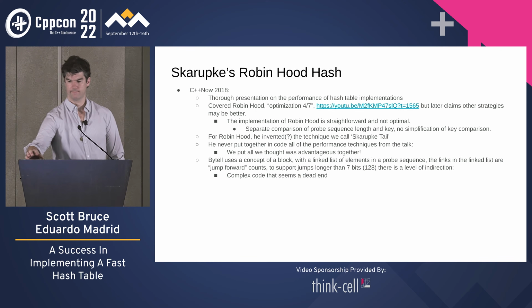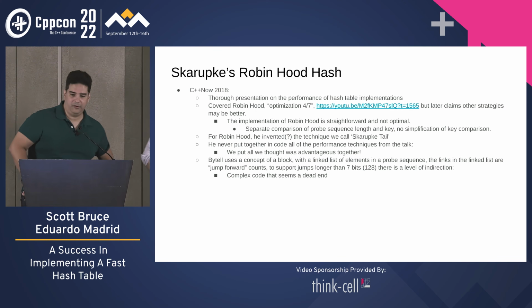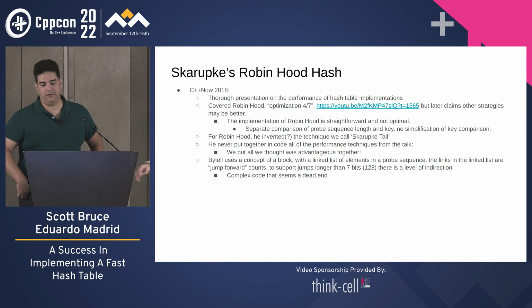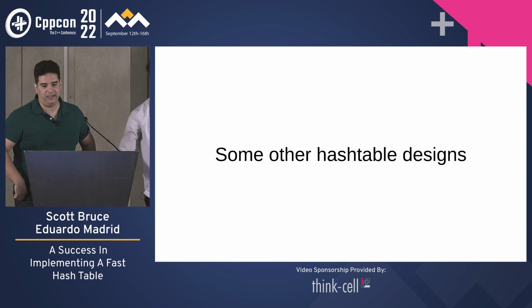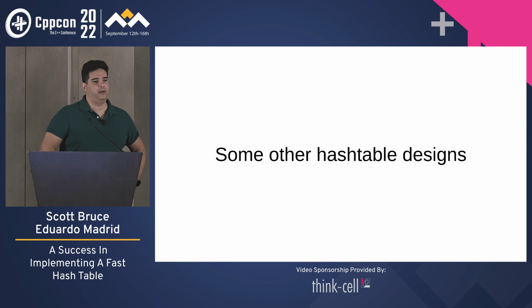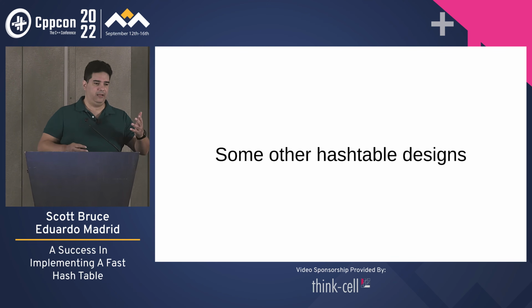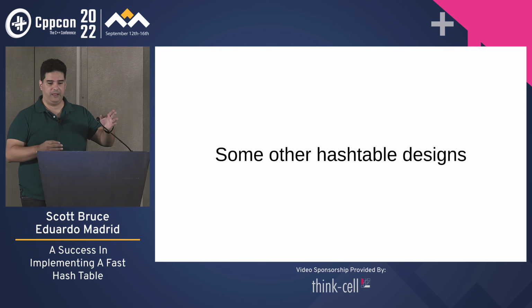Yes, so the subject of the Robinhood hash tables is rather complicated. So I'm thinking that we can mix the introduction of the Robinhood with other designs and other people that have also implemented the Robinhood.